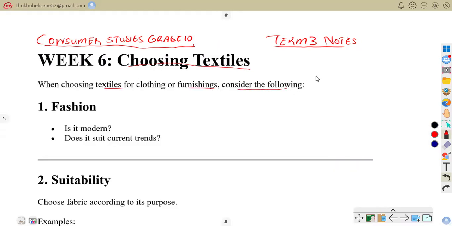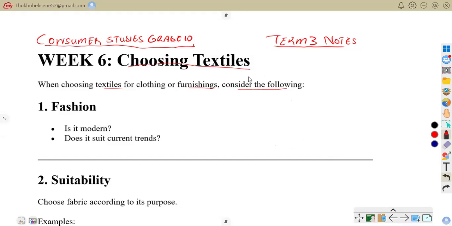When you are buying clothing or soft furnishings, consumers should choose textiles that are suitable for their needs. So you have to consider factors such as fashion, suitability, fiber properties, price, as well as environmental impact.